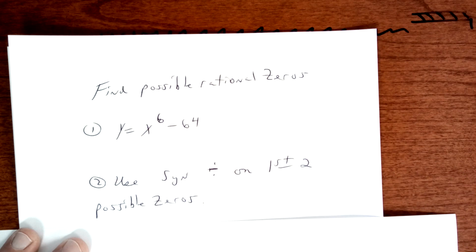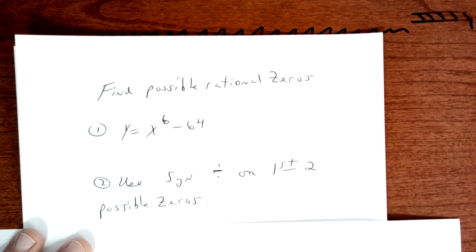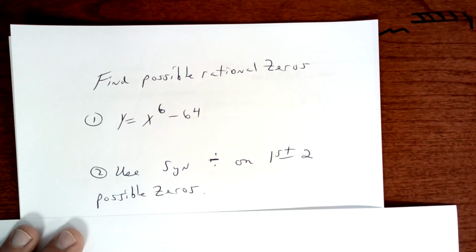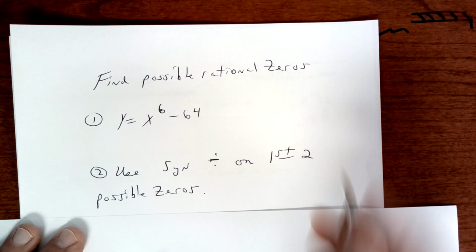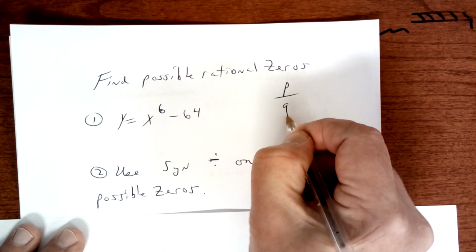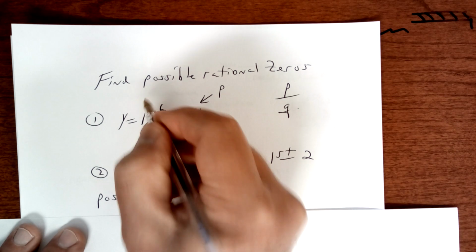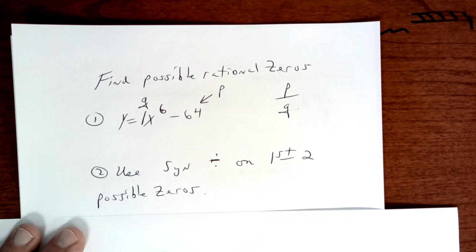Okay, so it says find the possible zeros. We did the rational zero theorem yesterday, and it's P over Q. But remember, P is this one, and Q is this one. Okay, it's backwards to me. So you take 64 and break it up.